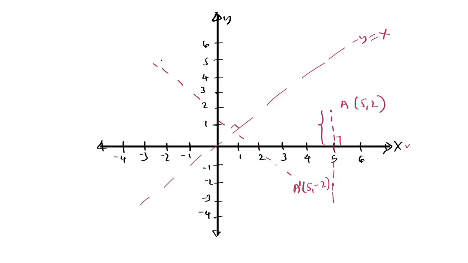Then we measure the distance from the point A image to line y equals to x. Now, using the measured distance, we locate the image of point A image. Therefore, the image of point A image is -2, 5.